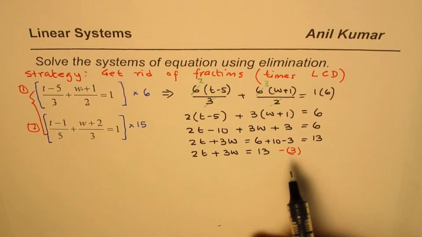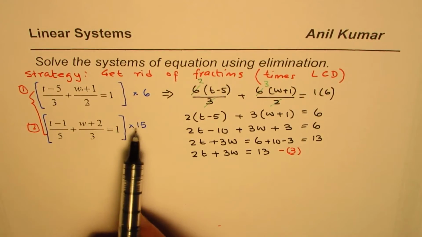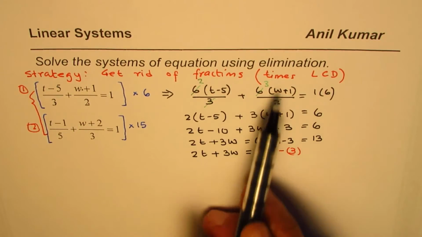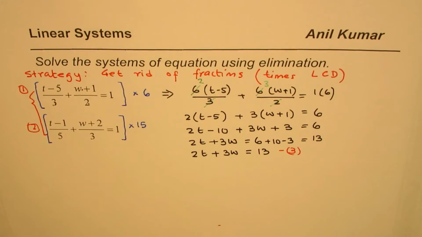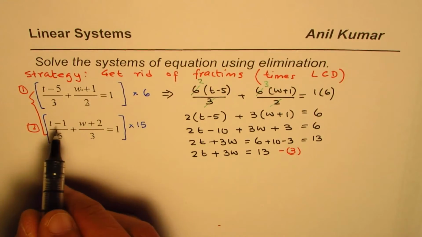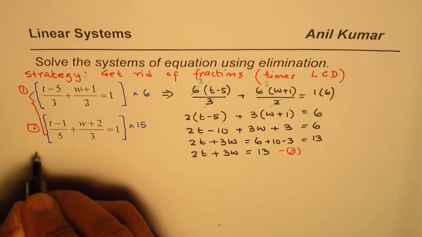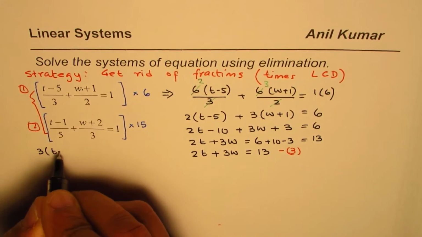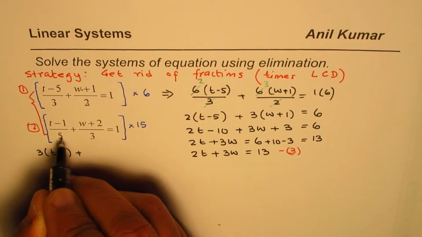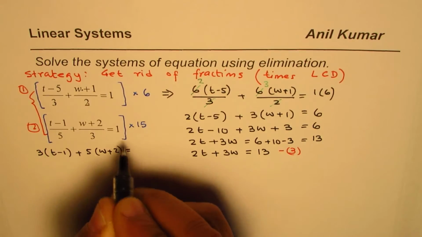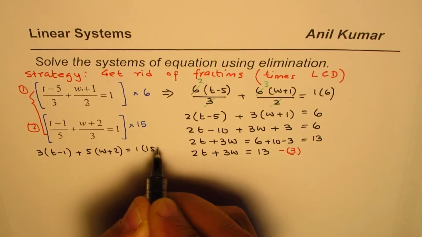Now you can actually pause the video, multiply the second equation by 15, get a linear equation without fractions, solve them by the method of elimination, get your answer, and check your answer. Here I'll continue. So let's multiply this by 15. I'll use this technique of cross multiplication. That means 3 times (t minus 1) plus 5 times (w plus 2) equals 1 times 15.